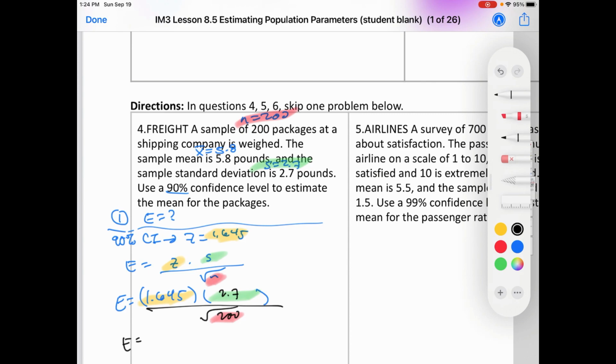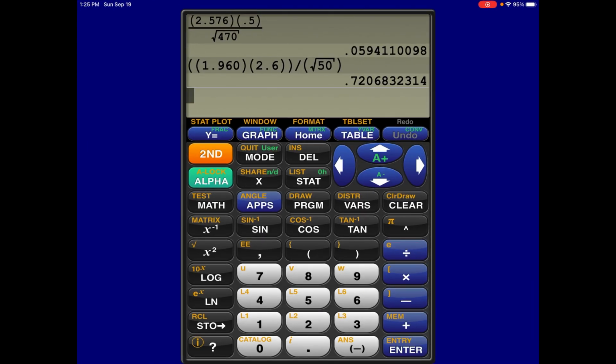Okay, so second enter, we had a 90% confidence interval, and a 90% confidence interval will give me, I'm looking for my chart, my chart at 90%, 1.645, and then our standard deviation was 2.7, and then our n value was 200.